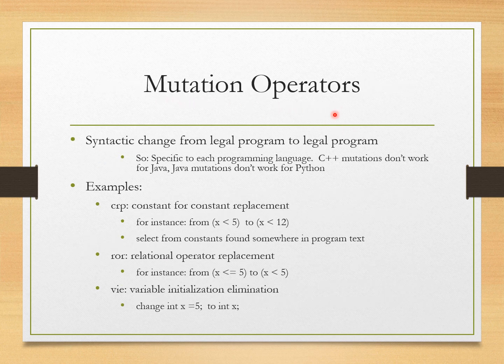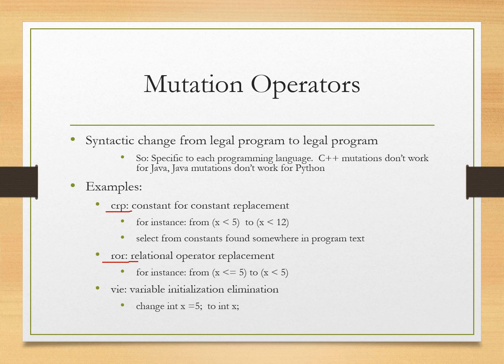Mutation operators. Syntactic change from legal program to legal program. These are specific to each programming language: C++ mutations do not work for Java and Java mutations do not work for Python. Examples: CRP, constant for constant replacement, for instance from x less than 5 to x less than 12, selecting from constants found somewhere in the program text.